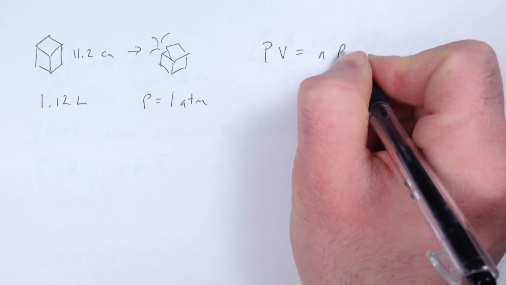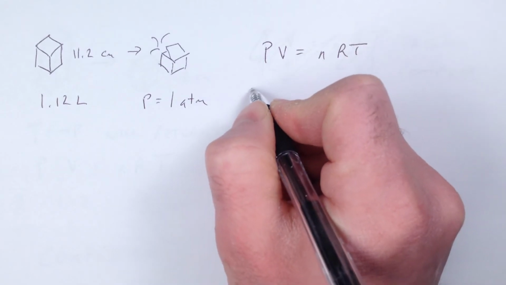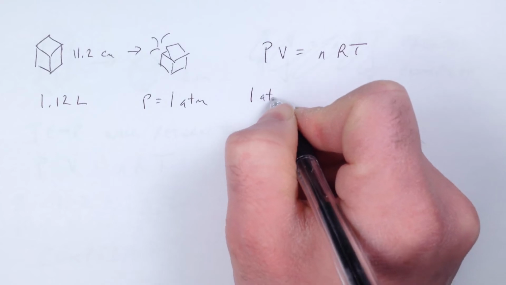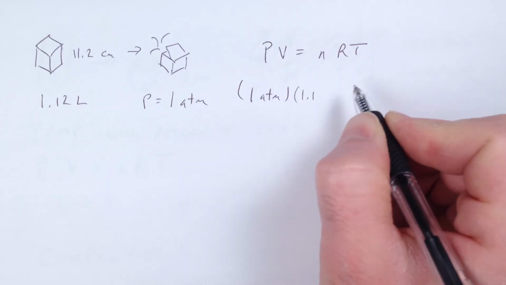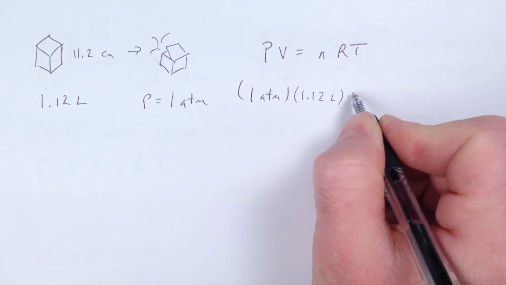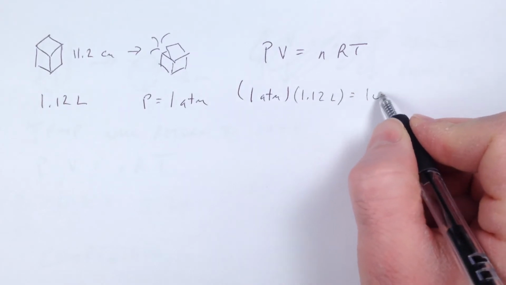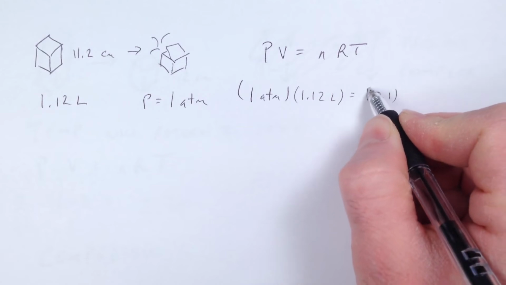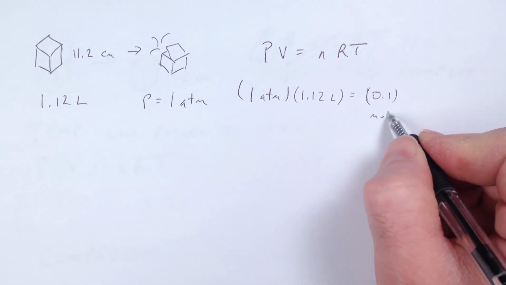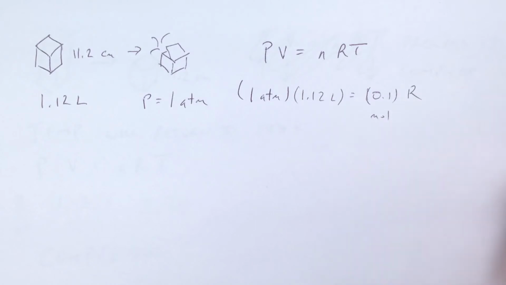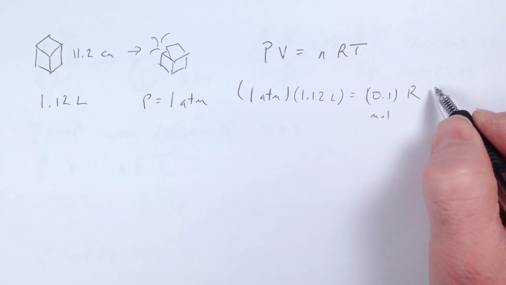So looking at it like this, PV equals nRT. The pressure is 1 atmosphere. The volume is 1.12 liters. It's still 0.1 moles. R is the same. And now, what temperature?